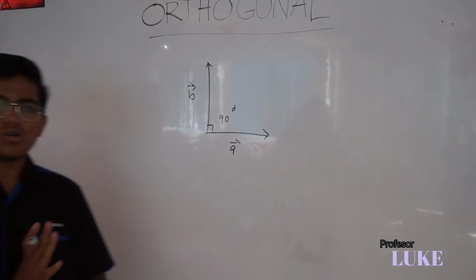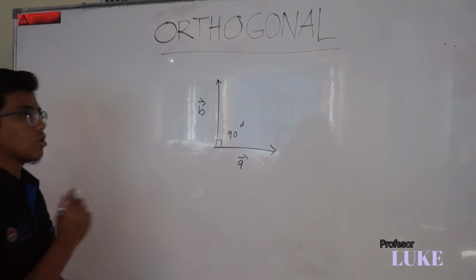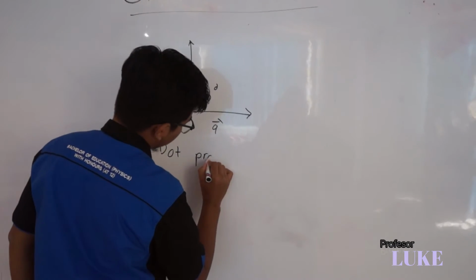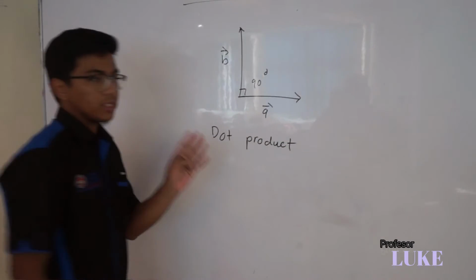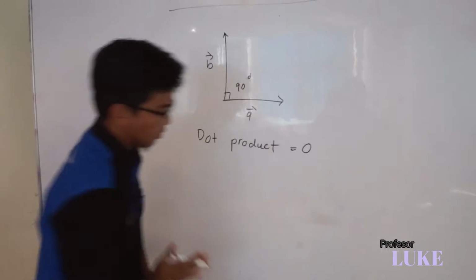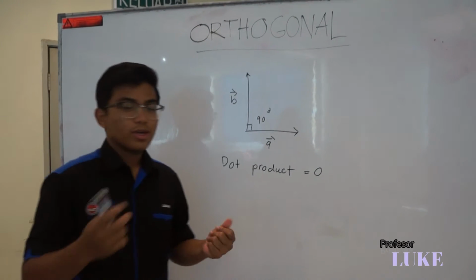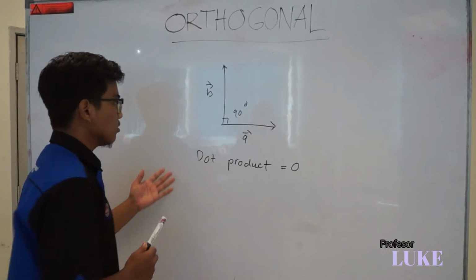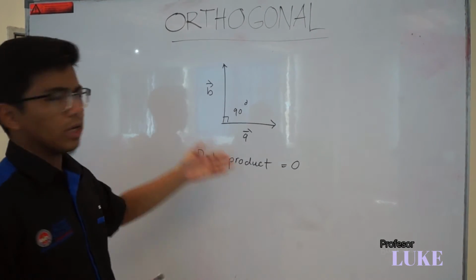To solve this problem, we use the dot product, and the dot product must equal 0. If I am a student, I might be confused about why the dot product of vector A and vector B equals 0.